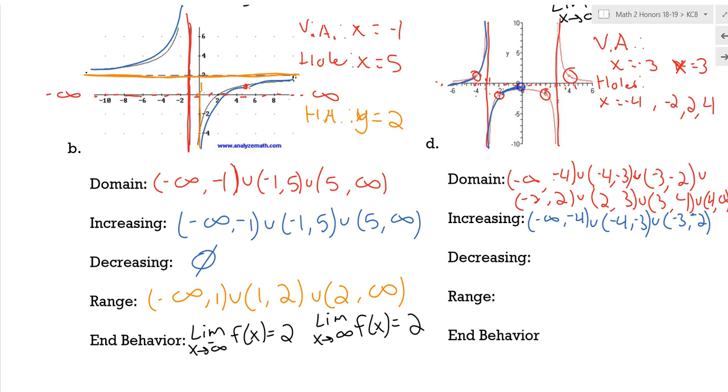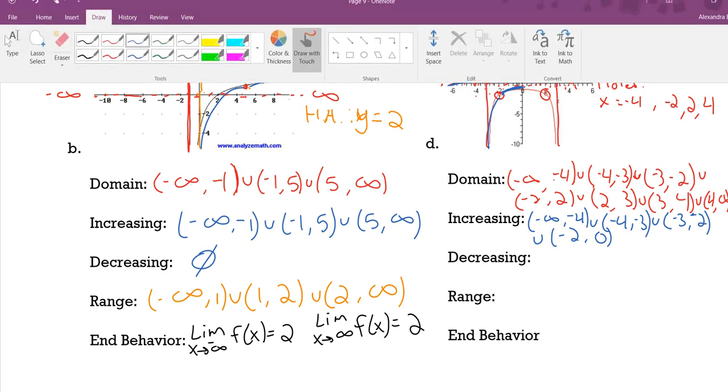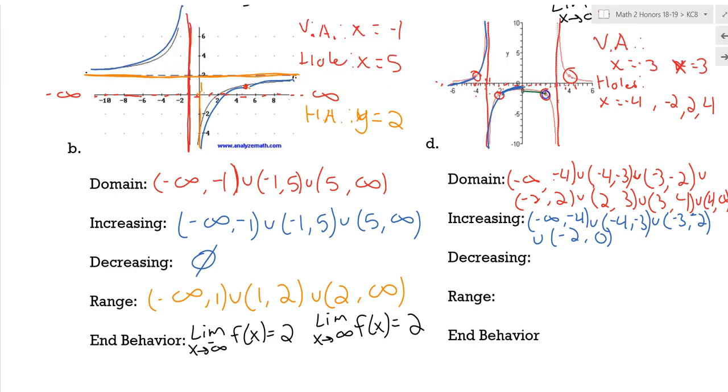So only this part here is going up. So negative 2 to 0 is where it's going up. Then from here to here, it starts going down a little bit. So 0 to 2, 2 to 3, 3 to 4, 4 to infinity.